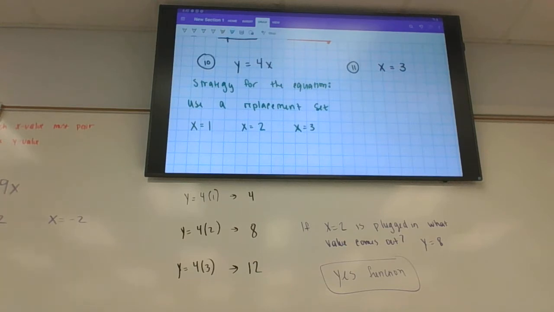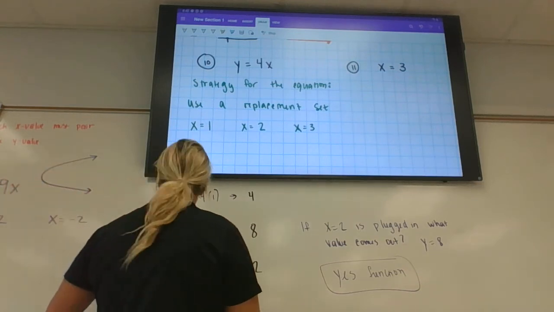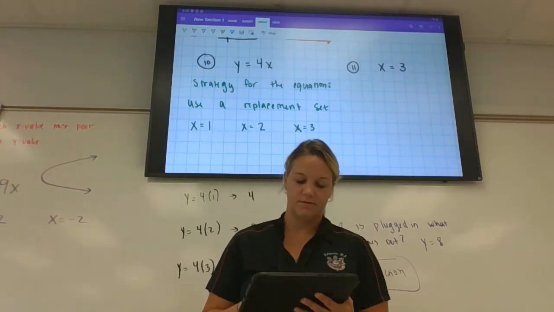It's not working. This is what y squared looks like. It's not a function. Wait, so it's not a function or it is? Not a function. That one's a no.